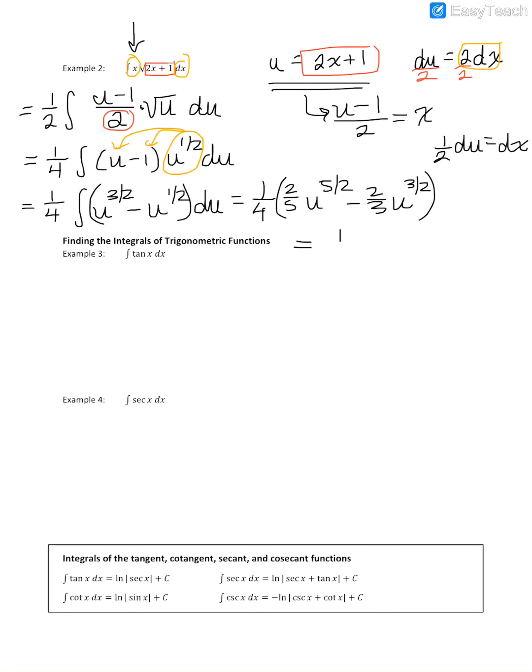So I'm going to get 1/10 2x plus 1 to the 5/2 minus 1/6. Notice I'm reducing the fraction, don't freak out, to the 3/2. All right.